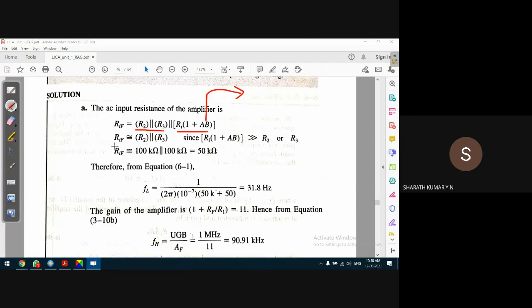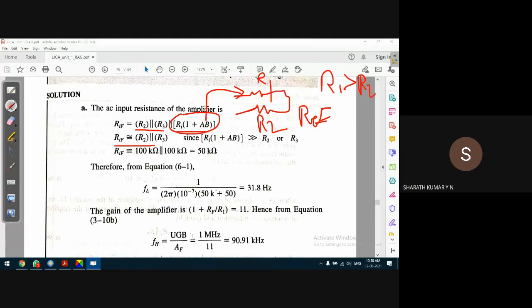So what is RAF? Ra is a very large quantity. As we discussed in the earlier class, when two resistances are in parallel, say R1 and R2, and R1 is larger than R2, the effective resistance RE will be smaller than R2.